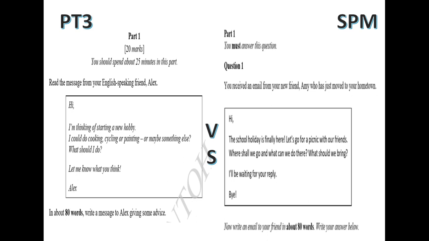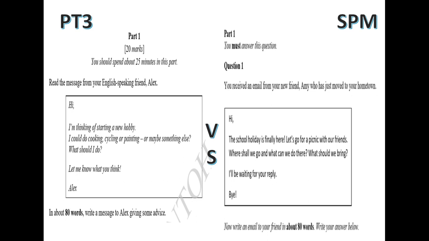Okay, in Form 5 or in upper form, you need to do critical thinking to answer those questions in your email. It's either your email, your message, or maybe your informal letter.